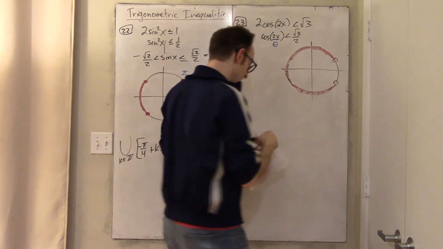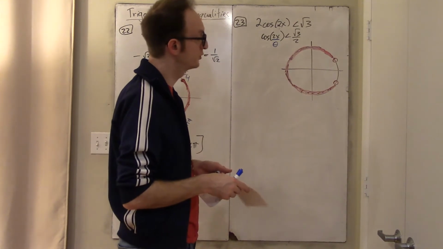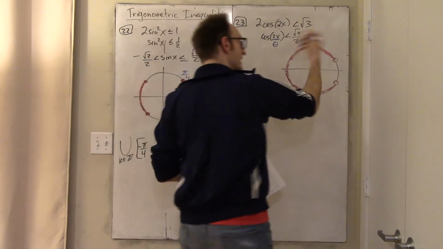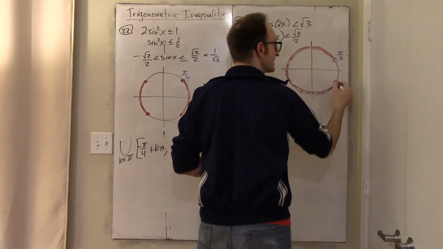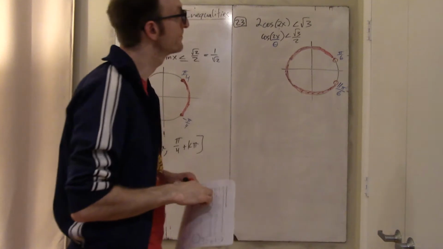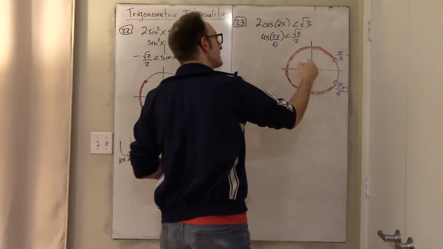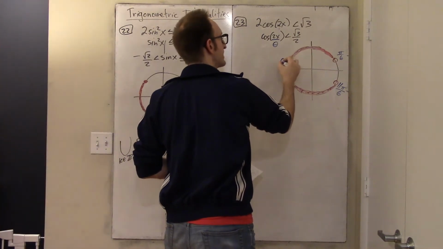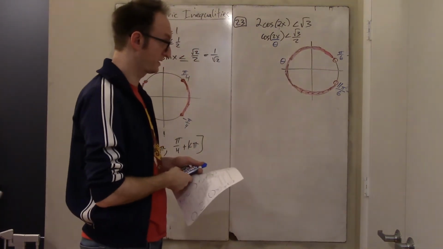If I want to talk about these, I should probably say from pi over 6 all the way to 11 pi over 6. And noting that this is like theta that I'm talking about here, if it makes you feel better to use this temporary variable, then you can.